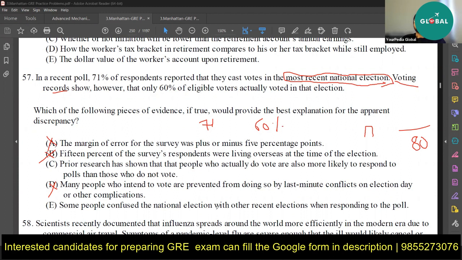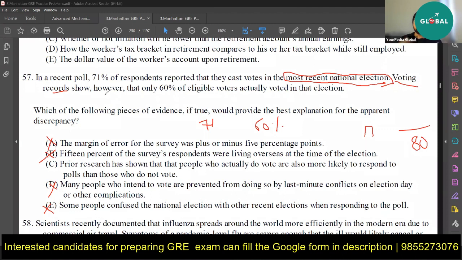So if an answer choice says they are not understanding the polls well, then this will be the incorrect answer. Why? Because he's clearly mentioned that when they raised the poll, they showed it for the recent national election. Okay, so out of all this, he is very close to the actual answer.